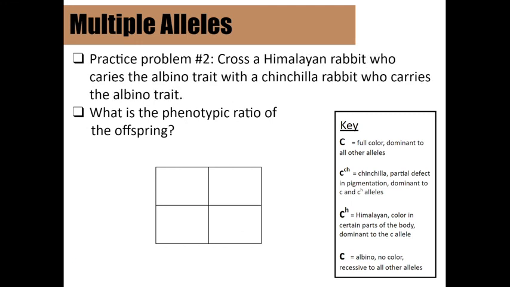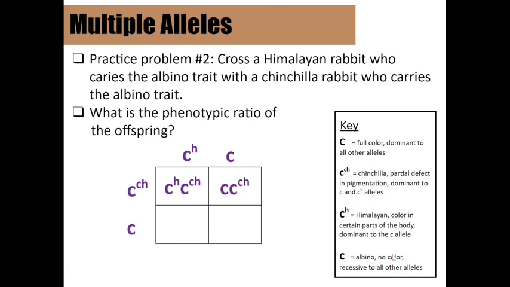So let's cross a Himalayan rabbit who carries the albino trait with a chinchilla rabbit who carries the albino trait. And what is the genotypic ratio of the offspring? So we are going to have our Himalayan and the albino gene. And here's our chinchilla and the albino gene.